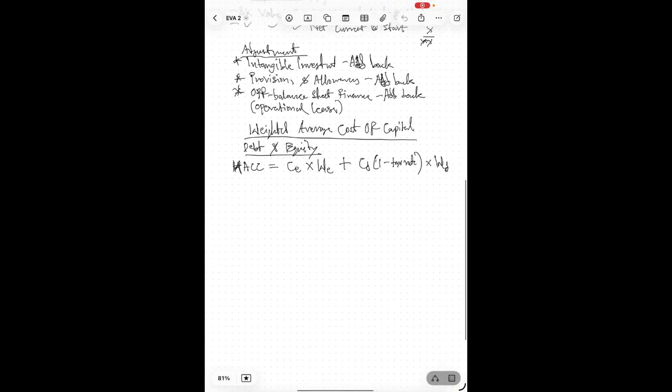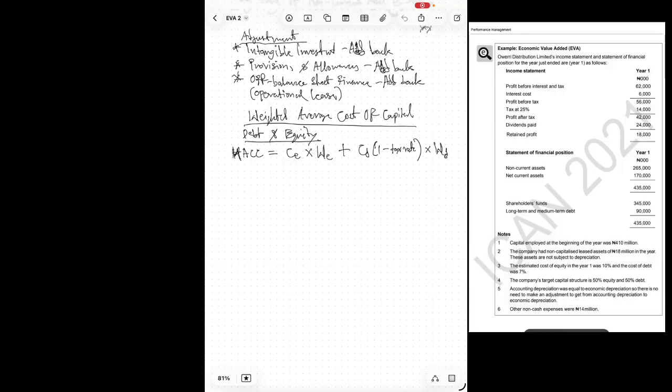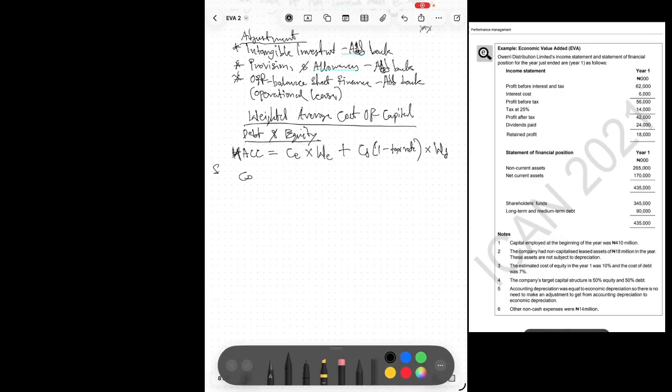So we start with the solution. Computation of net operating profit after tax.